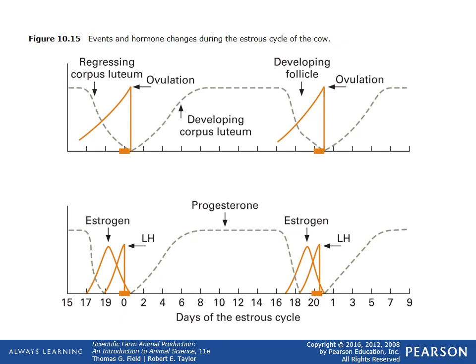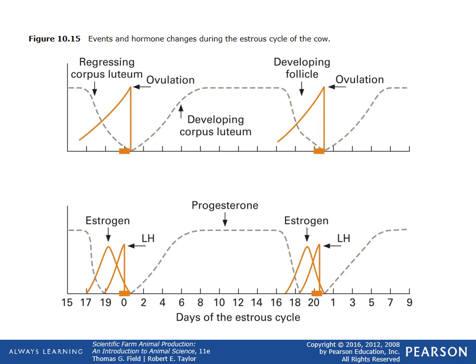You see a spike of estrogen, a spike of LH, and then at day 0 down at the bottom, that's ovulation. Hopefully that coincides within a few hours of insemination. Again, whether it's a natural service via a boar or a bull, or you go out with your AI gun and inseminate the animal.